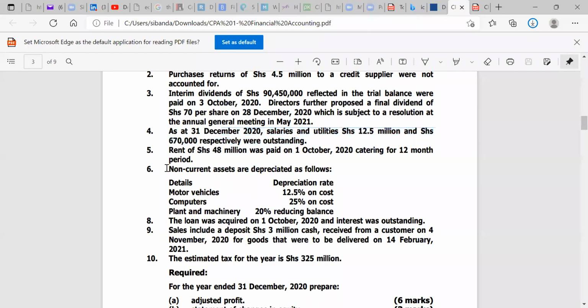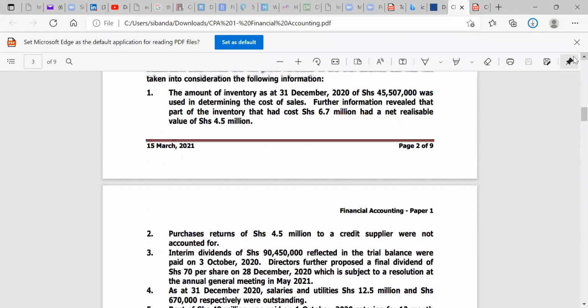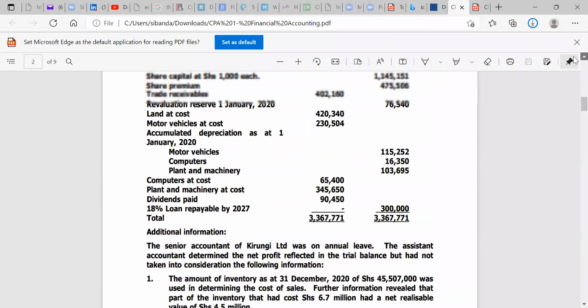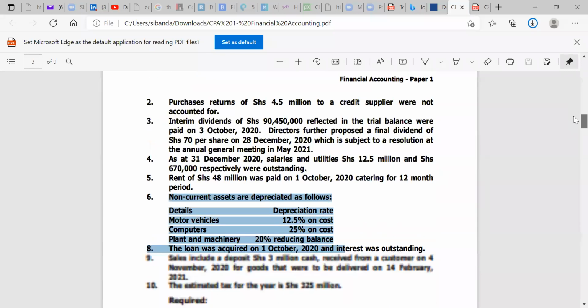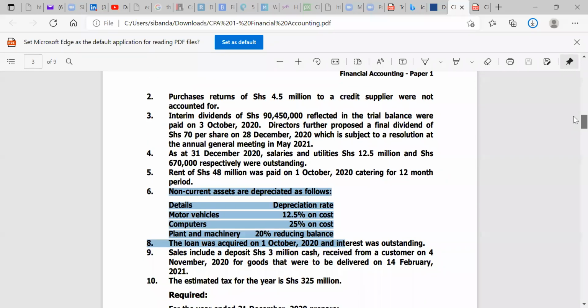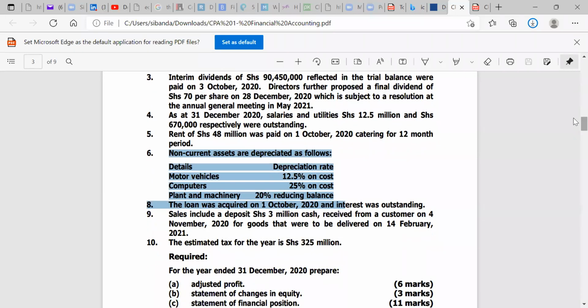And then the next thing we also have, they have also given us depreciation. So I already guided you on how to calculate depreciation. Now the next question here, if we are going to recognize depreciation, will it increase our profits or reduce our profits? It will reduce our profits. Why? Because depreciation is an expense.